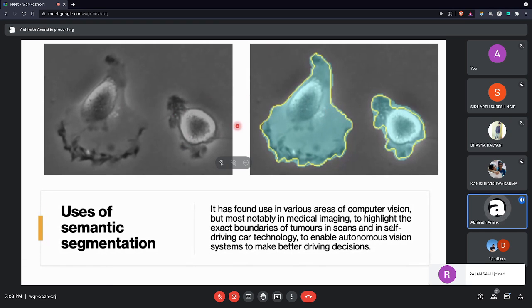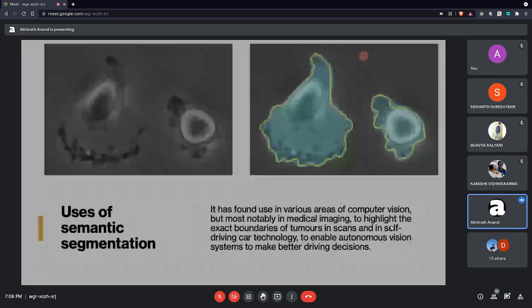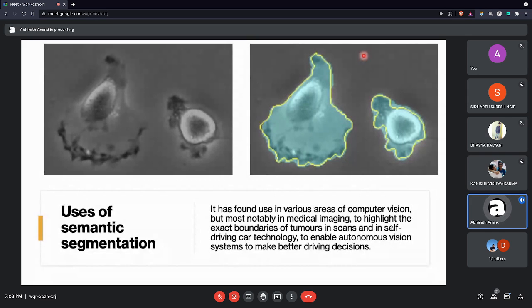It is necessary in medical imaging that we understand where cells are and where they are moving, so that we can track the growth of cells, any cancers that might possibly be growing, and so on. So this is a very important task in these two areas, though it is widely used in other areas as well.